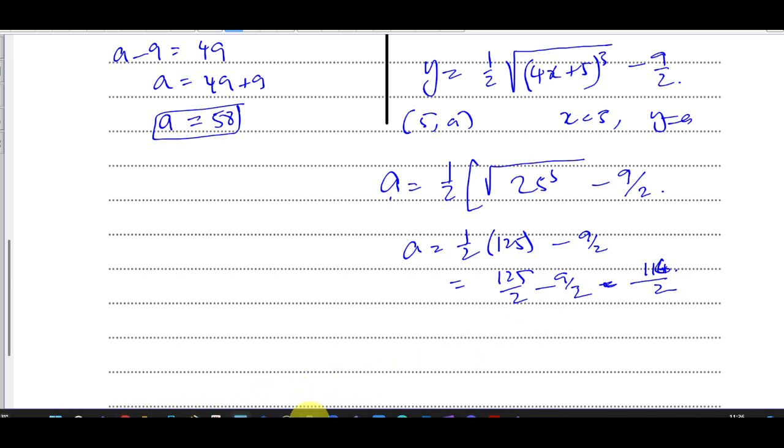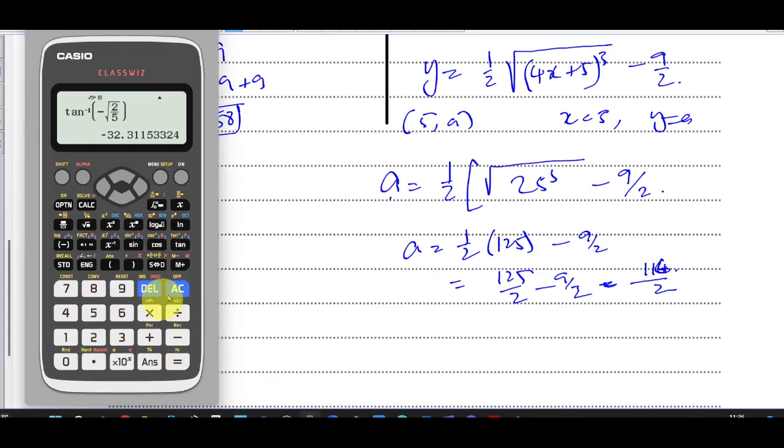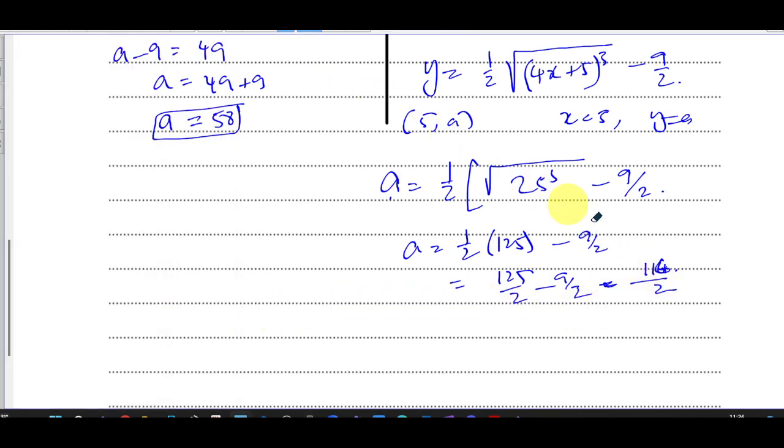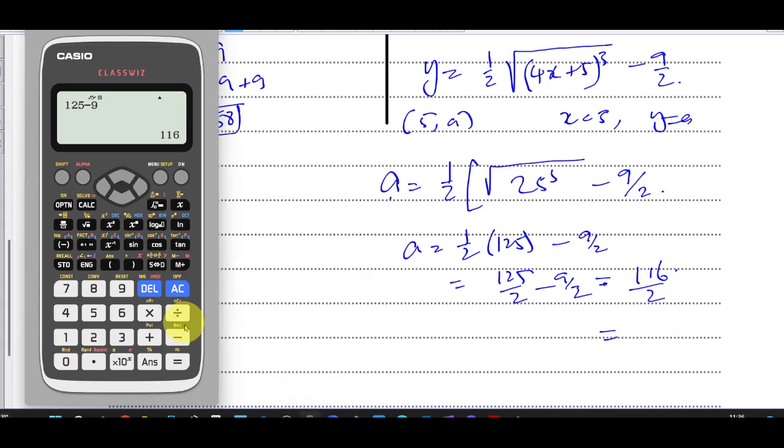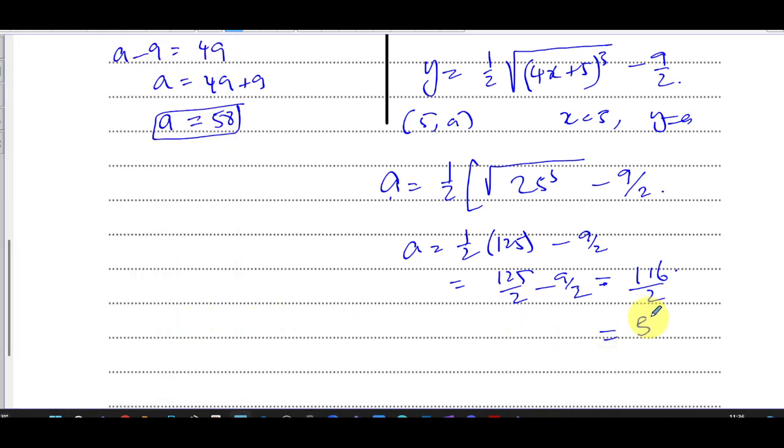Yeah, 116 over 2. Sorry about that. Bit of bad mental maths there. So that's 116 over 2, and 116 over 2 is going to be 58, right? That's 58. That's exactly what we got. So you end up with a equals 58.